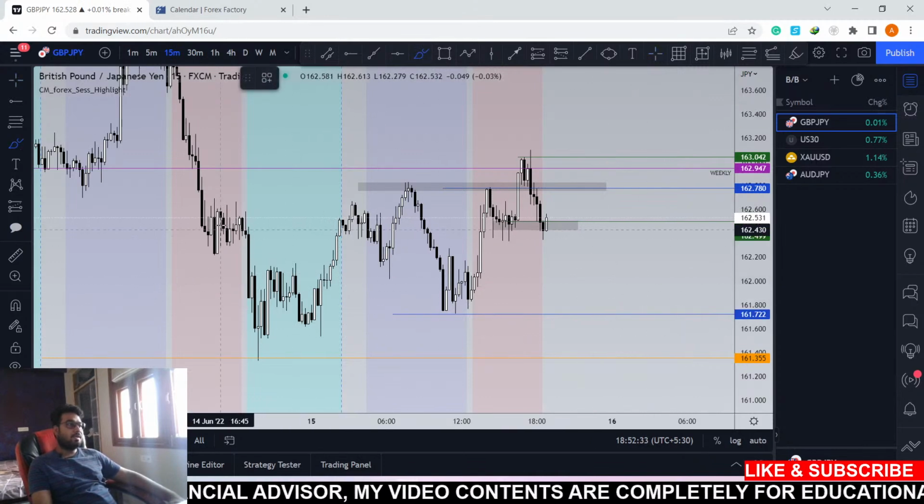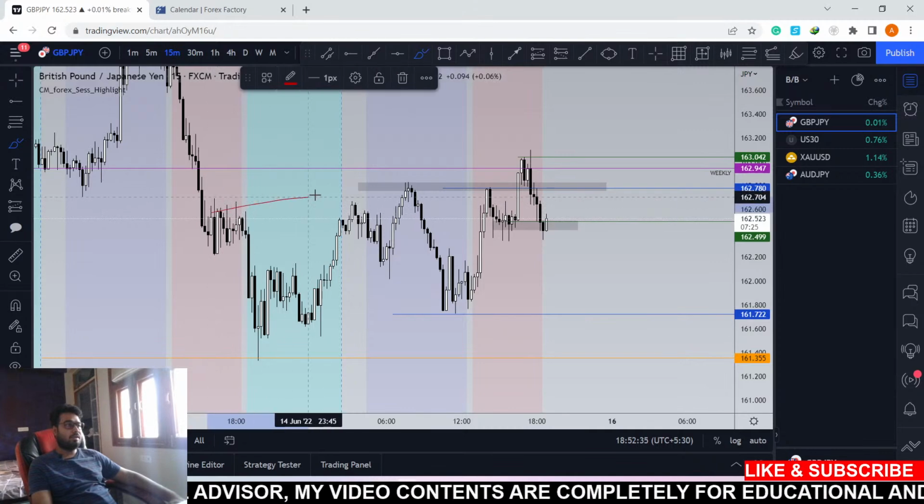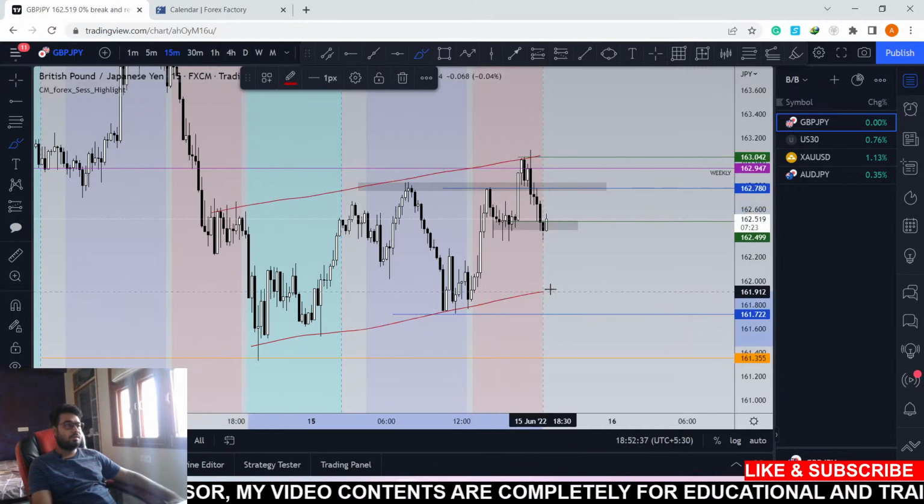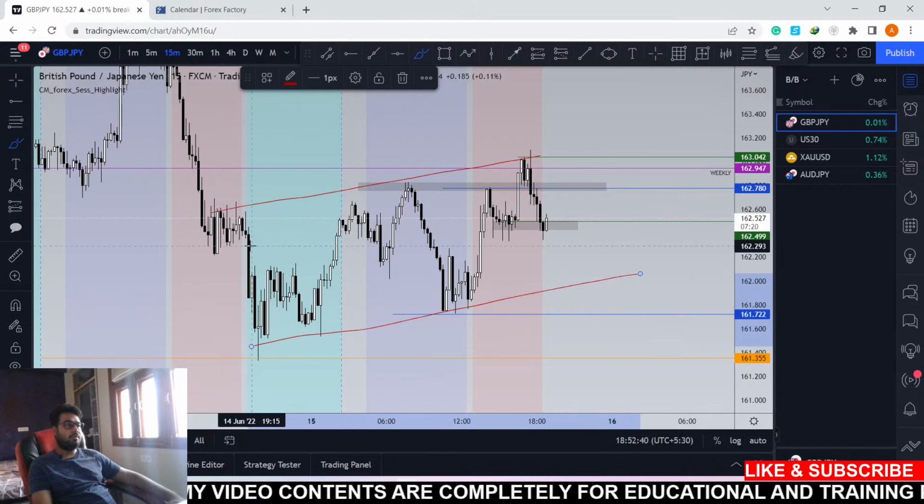The market is completely inside the range from yesterday only. There's some sort of corrective price action.